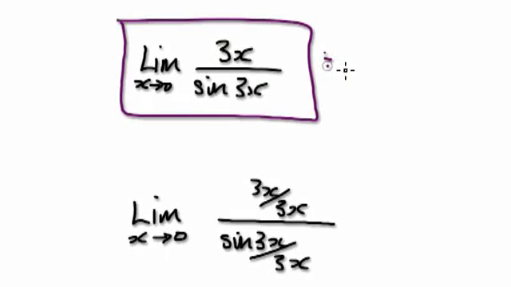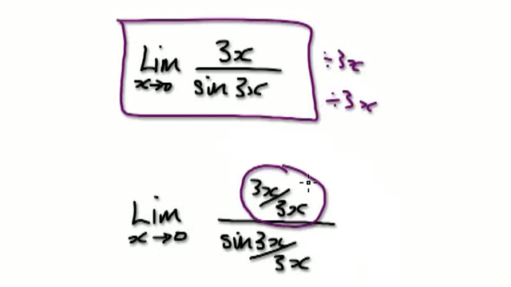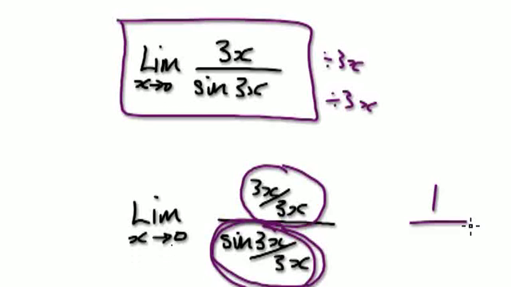So what we do is we divide top and bottom by 3x. 3x over 3x, well that's 1. And then this thing here is what we're used to. As x tends to 0, the limit of this thing will be 1.